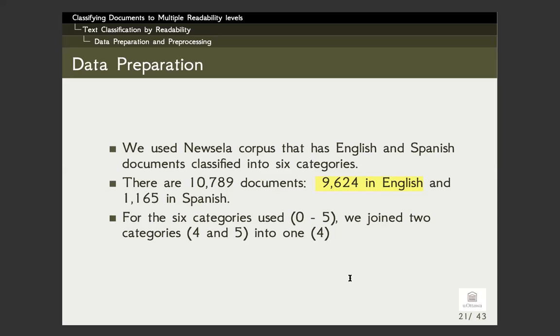Also, there are 6 categories used from level 0 to level 5, but we decided to join level 4 and level 5 under the level 4 label.